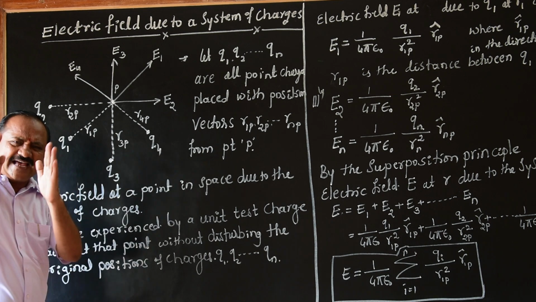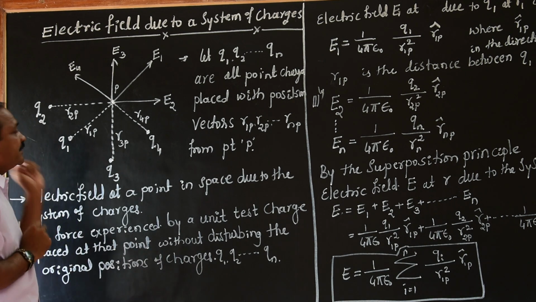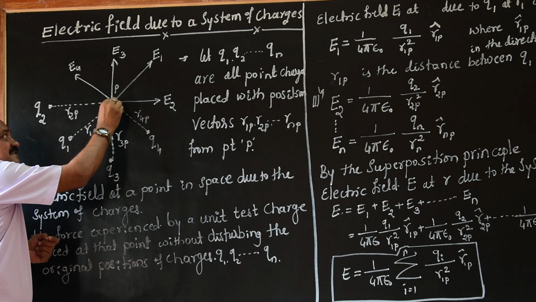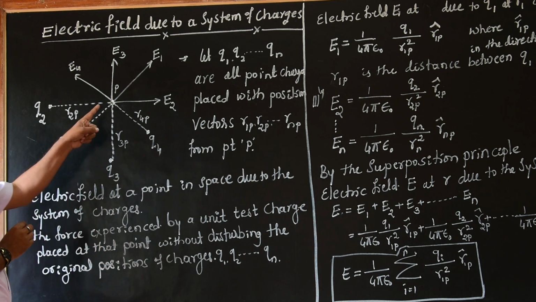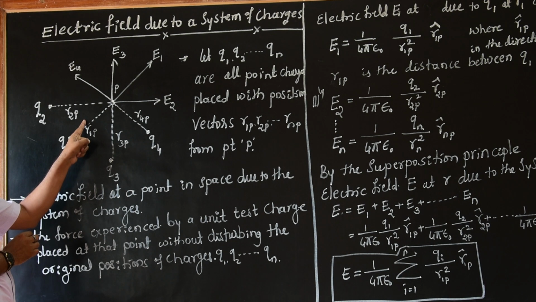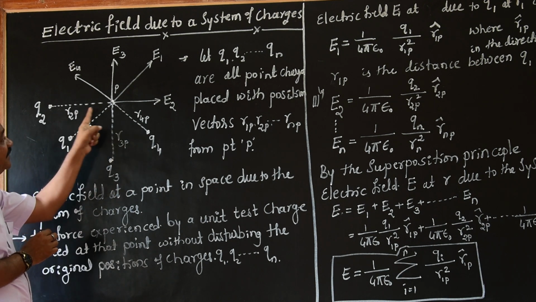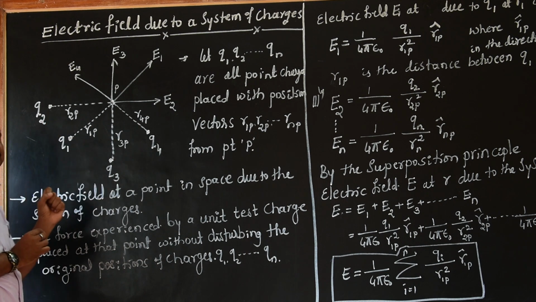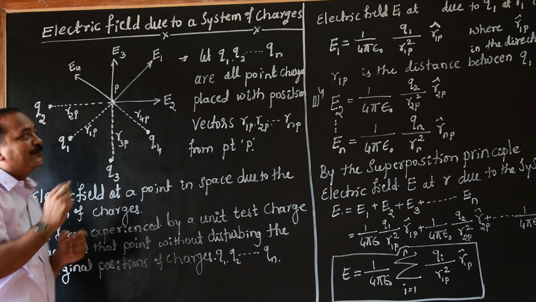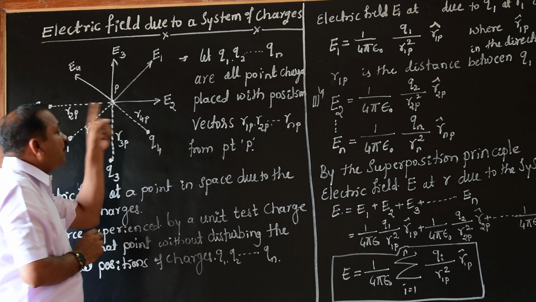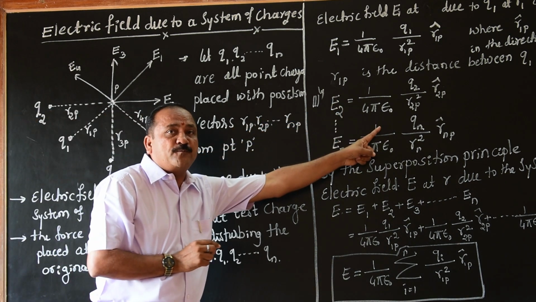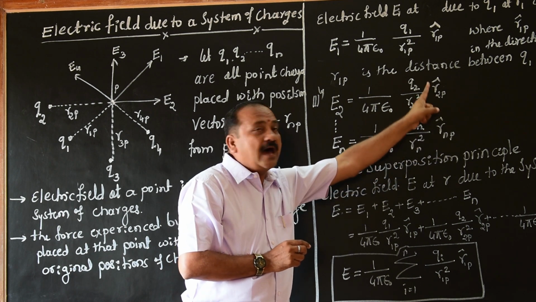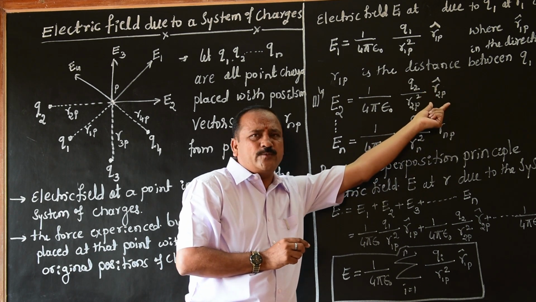Exactly the same way, this is the point charge Q2, and here the test charge is placed, separated by distance R2P. Again, the electric field at point P due to charge Q2 is E2 equal to 1 divided by 4 pi epsilon naught Q2 divided by R2P square into the R2P unit vector.